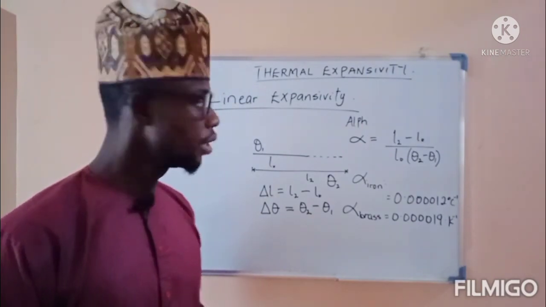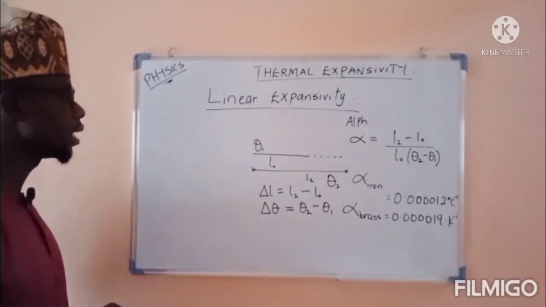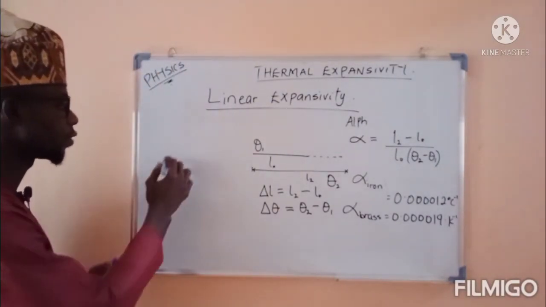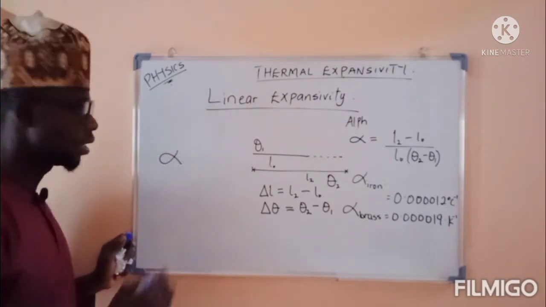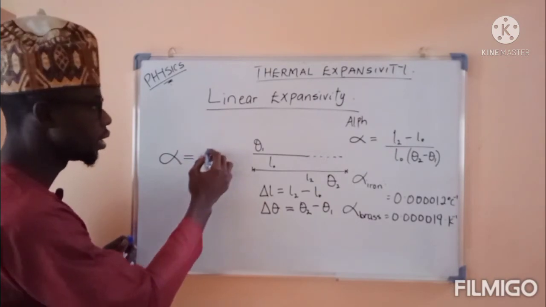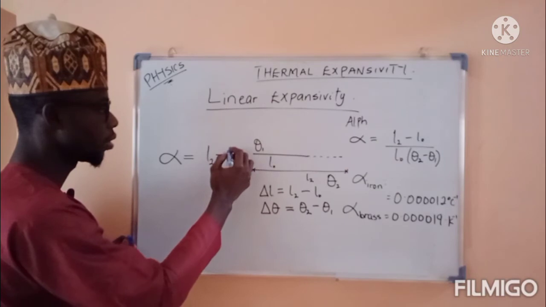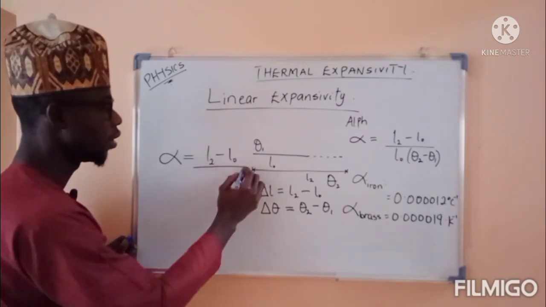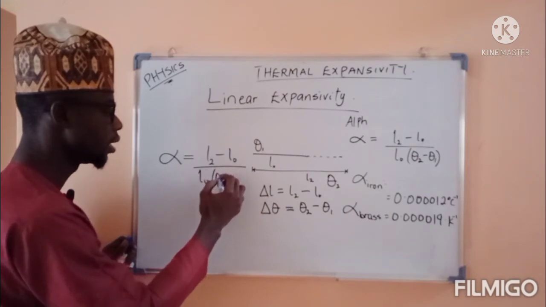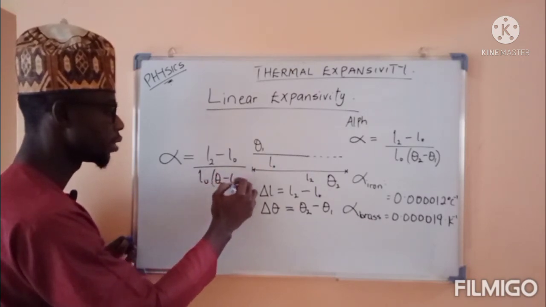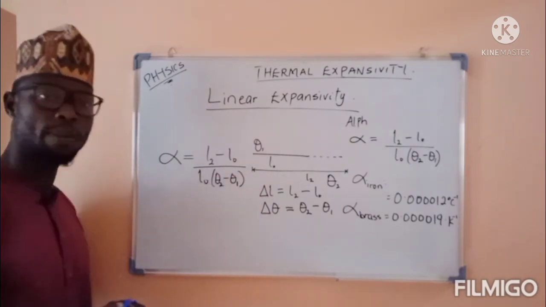Are we together? So now, from this analysis, under linear expansivity, we have this formula. You have to keep in mind that linear expansivity alpha is the change in what? Change in length, final length minus original length, all over original length times change in what? Temperature, which is theta 2 minus theta 1.